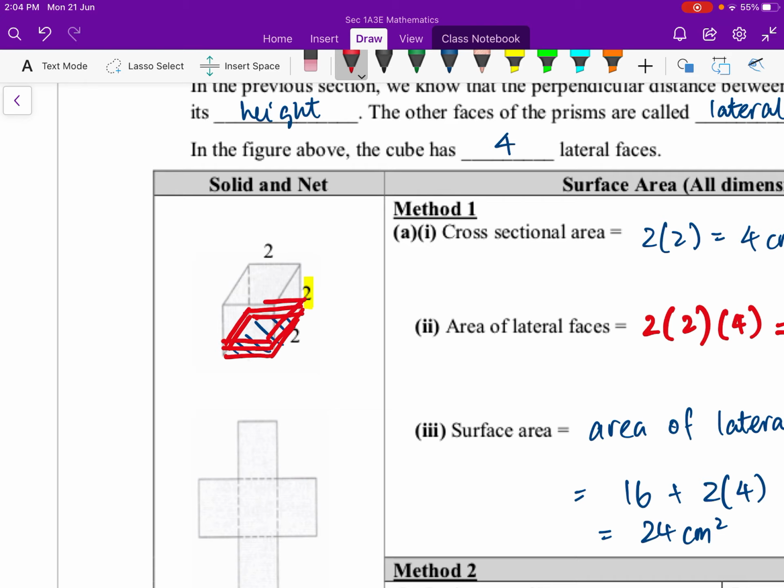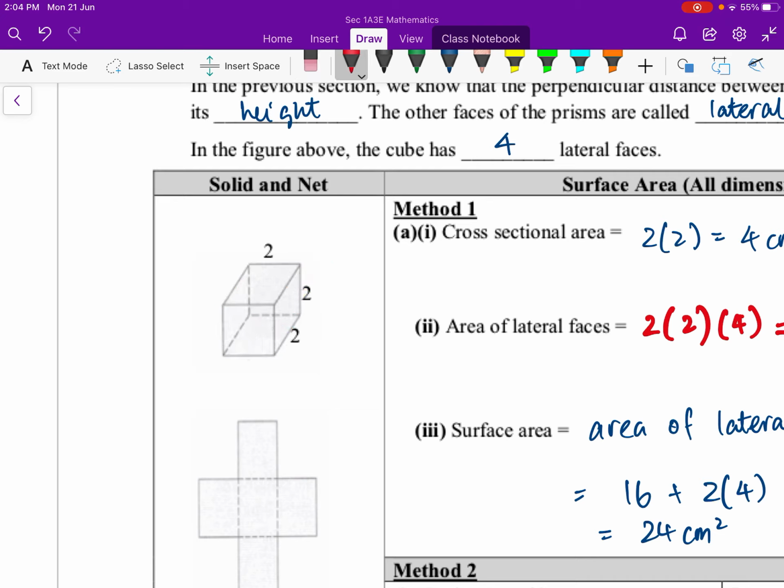We're going to keep adding all these squares all the way up to the top. For one of these rubber bands, we have actually calculated the perimeter. And if we multiply it upwards by the height of 2, we have now obtained the total area of the lateral faces.